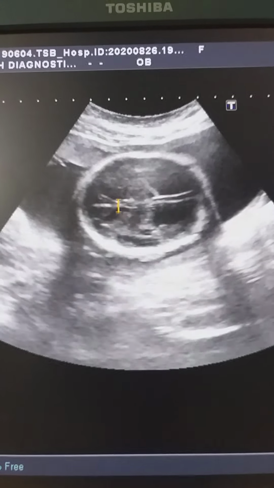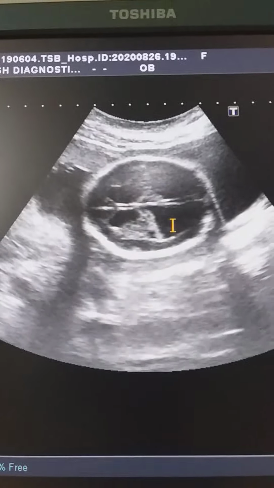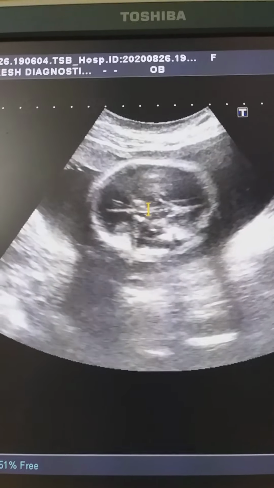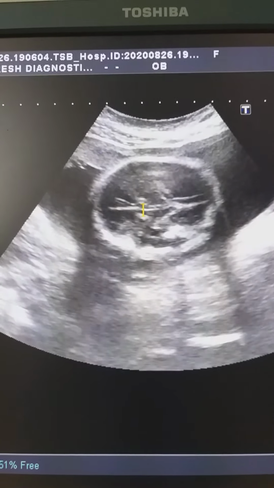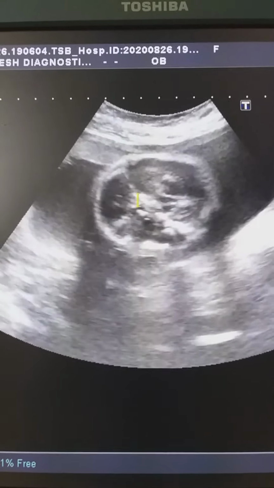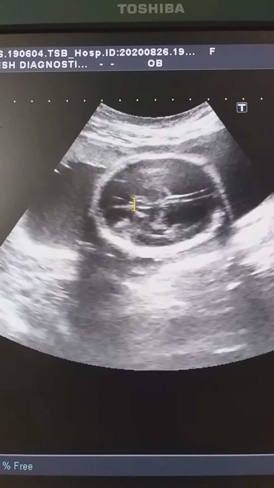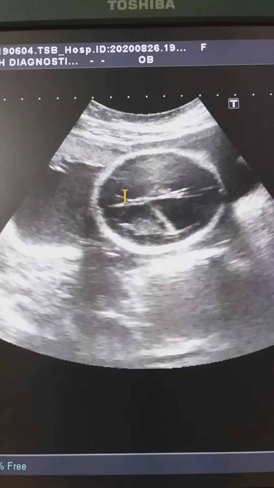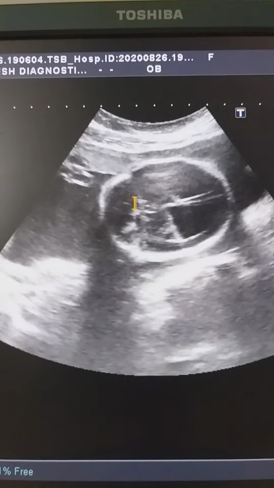So here we can appreciate that the lateral ventricle is dilated and in between, the third ventricle is not dilated. Number one, and when the lateral ventricle is dilated, then we should move towards the posterior cranial fossa.